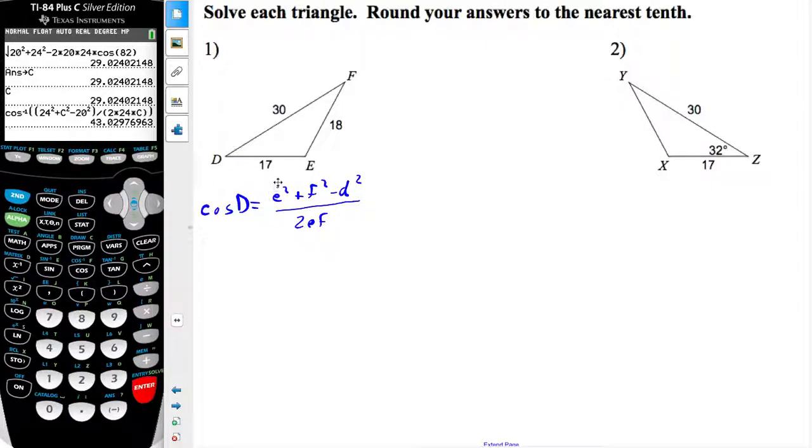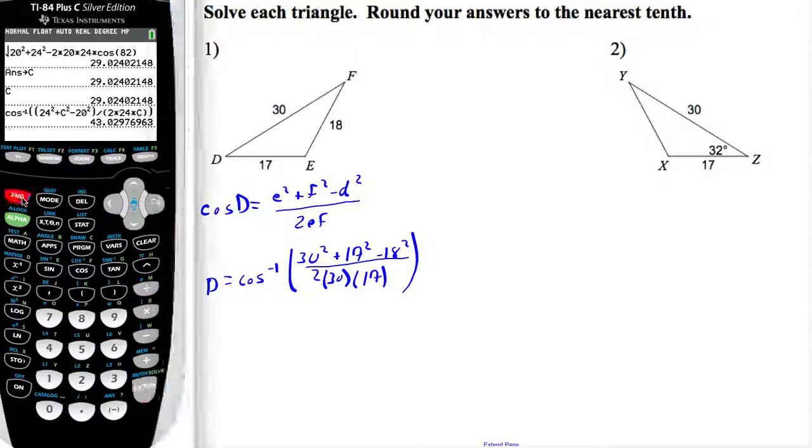So remember, we do the squares of the other two sides minus the corresponding side. So this will be D is equal to the inverse cosine of 30 squared plus 17 squared minus 18 squared over 2 times 30 times 17.